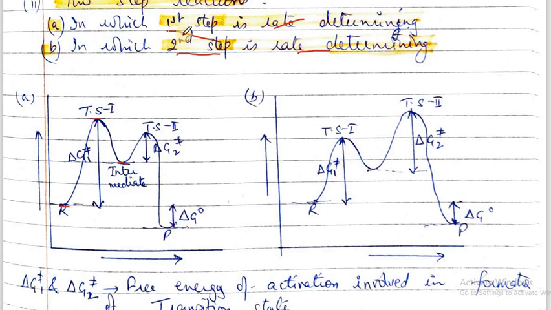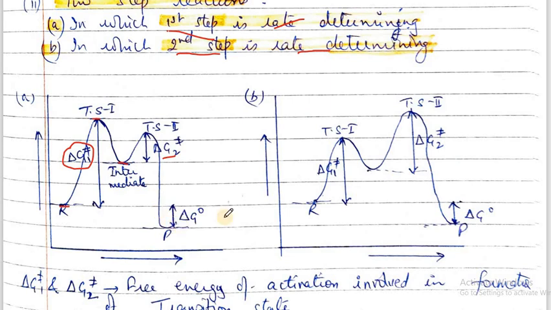Now in this, the first step is the rate determining step. How can we say that? When the reactants form the transition state, this delta G1 double dagger value is greater than this, or we can say this height is more. So this height decides which will be the rate determining step, and in this the height is more, so the first step is the rate determining step, and for the second step only this amount of energy is required, and then the products are formed.